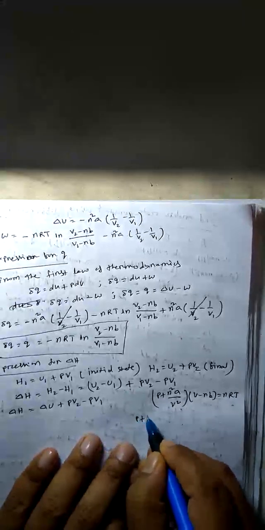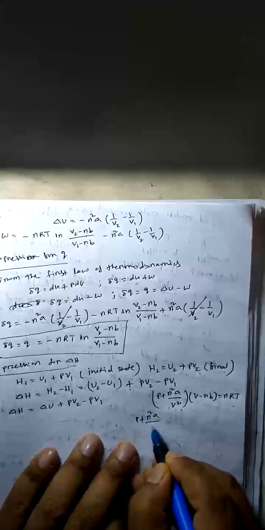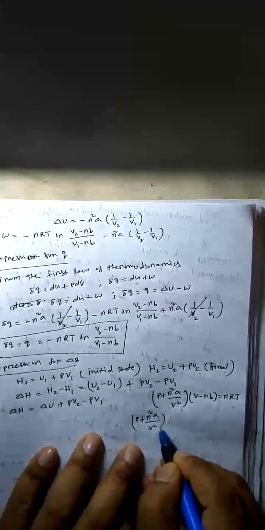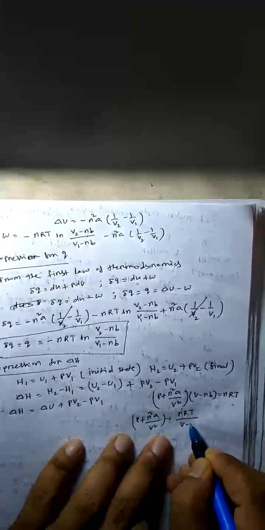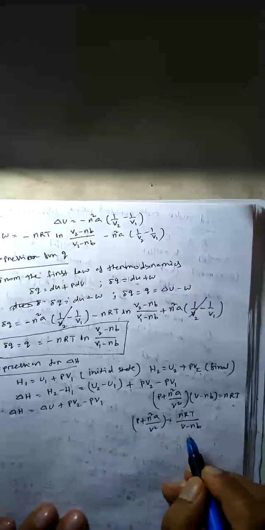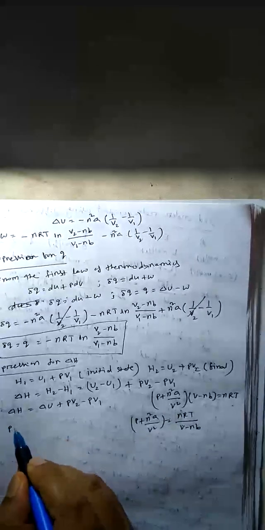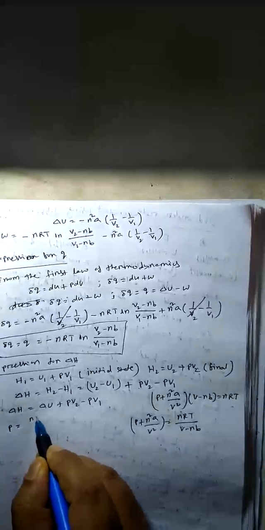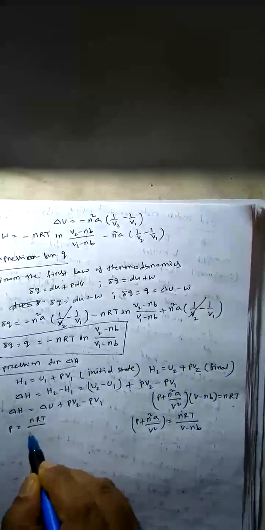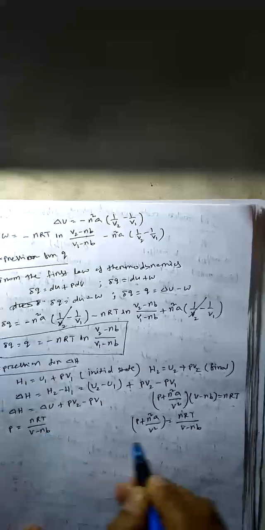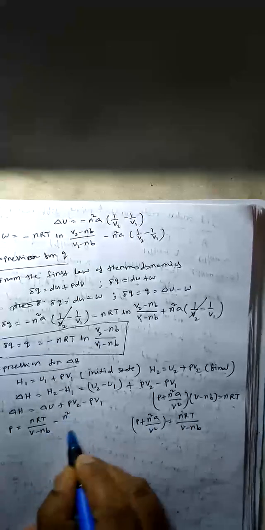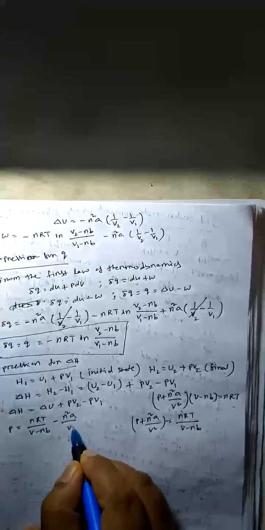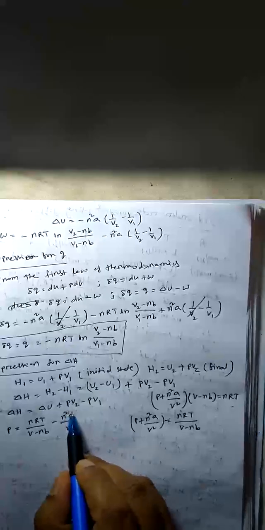Then P plus n square A by V square is equal to nRT by (V minus nB). Then P is equal to nRT divided by (V minus nB), take this one to this side, minus n square A by V square. This is equal to P. Here you see it is PV2.